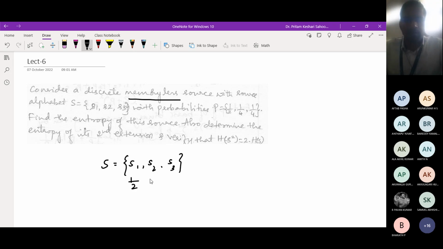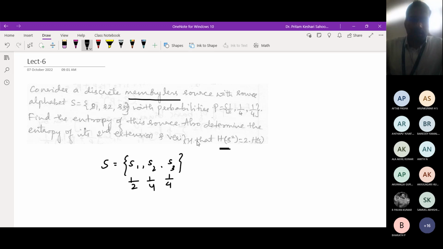S1 is transmitted at probability 1 by 2, S2 at 1 by 4, and S3 at 1 by 4. Find the entropy of this source. Also determine the entropy of its second extension and verify that H(S squared) equals 2 H(S). That means the entropy of the second extension is equal to twice the entropy of the first extension.